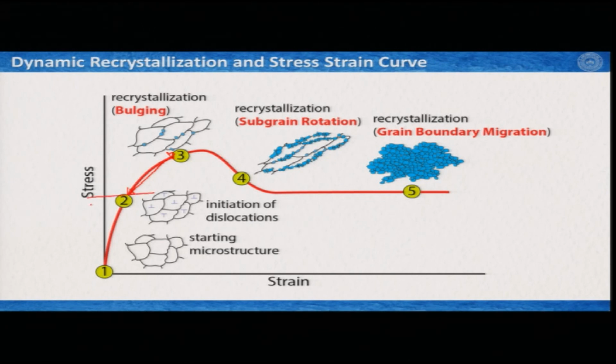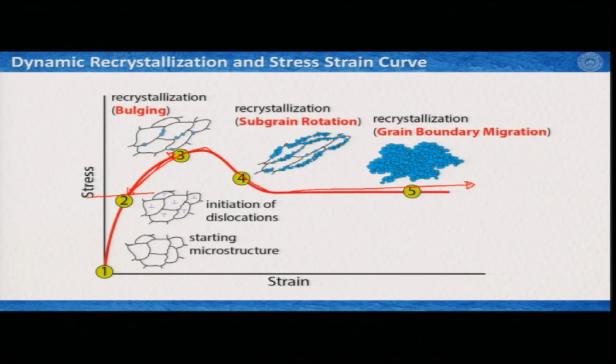So, this is where your yield strength is, and then hardening is required during the bulging process. But when you start forming subgrain rotation, the new small grains come, strain softening is the process, and after that it achieves a steady state manner of flow.